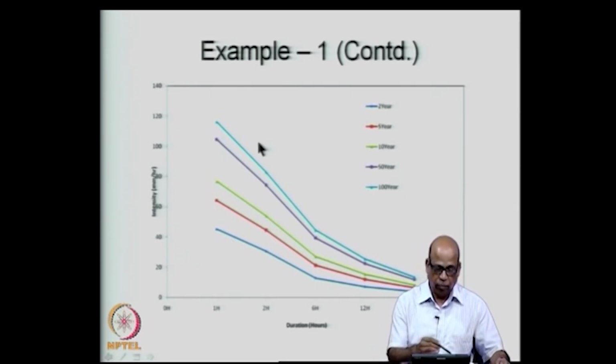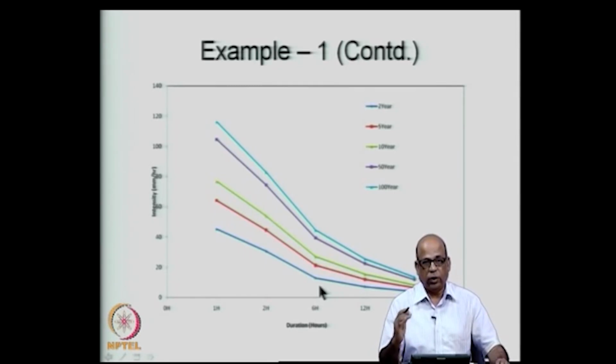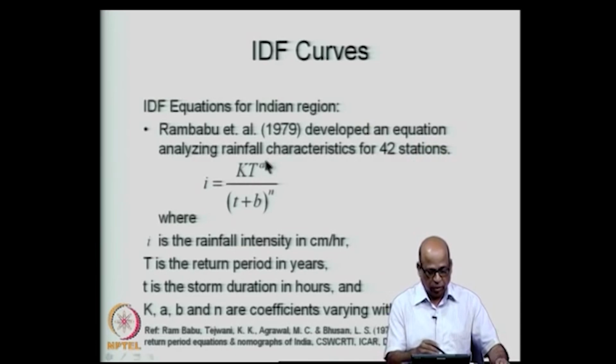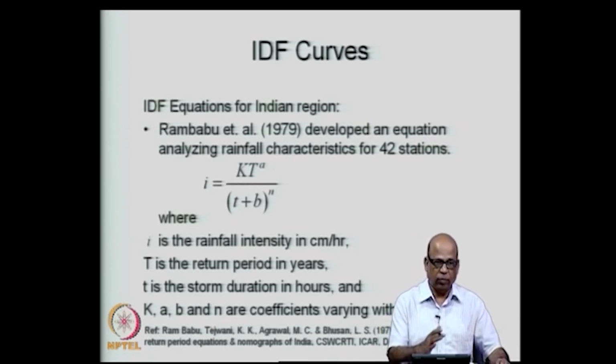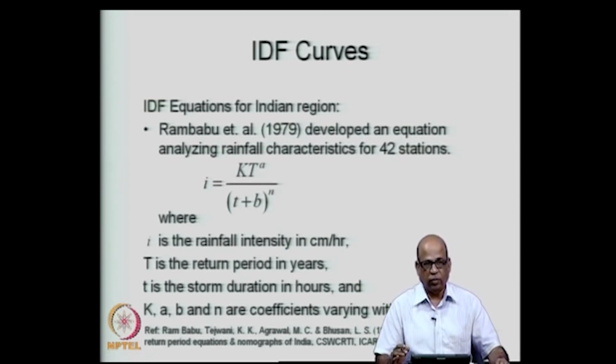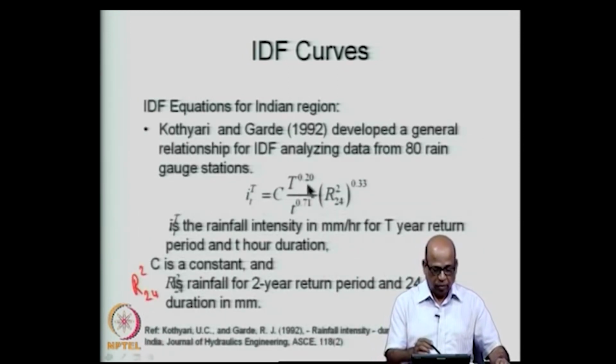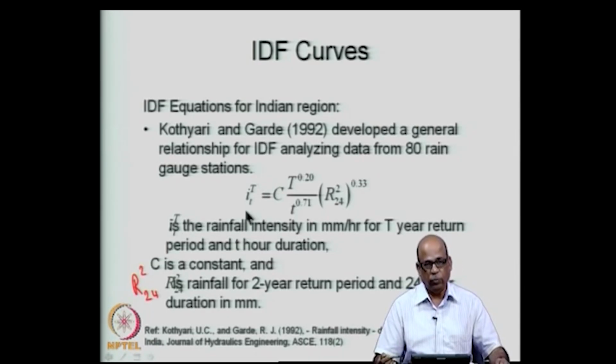This is based on the observed data from 1969 to 2003, and this is based on the relationship provided in 1979, based on the data that was available, and this is the relationship provided in 1992. So, as time progresses, your relationships may become different, and therefore, the intensities that you may have to use in hydrologic designs can be different.